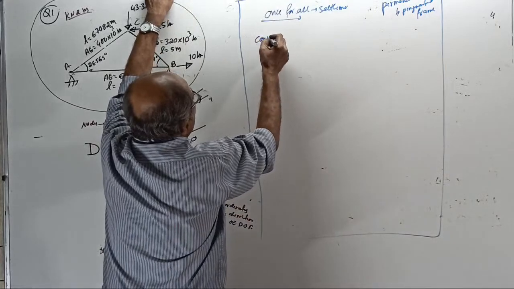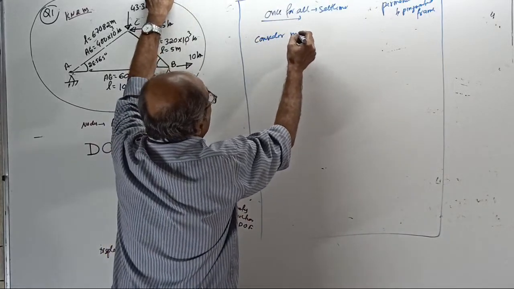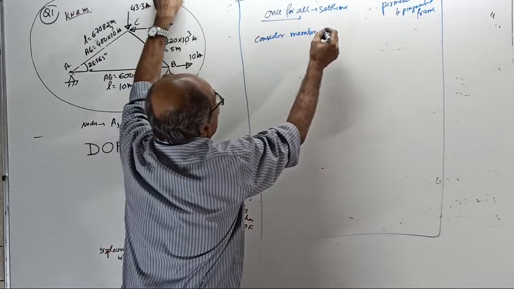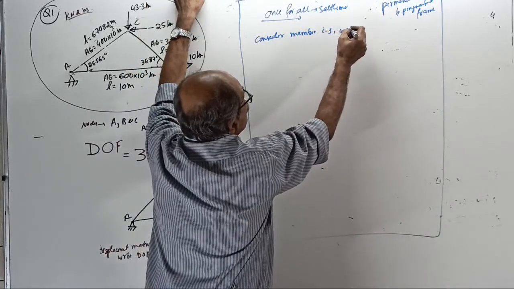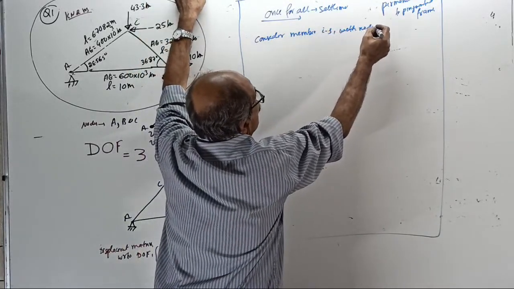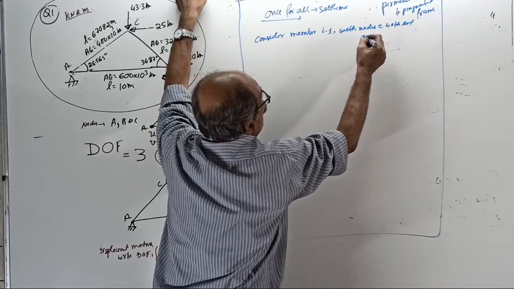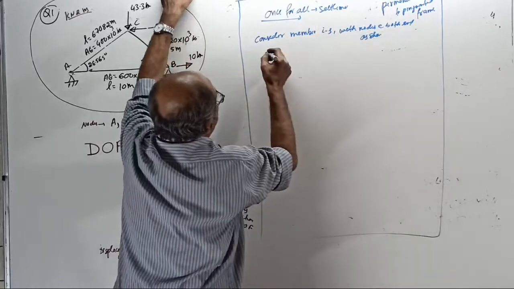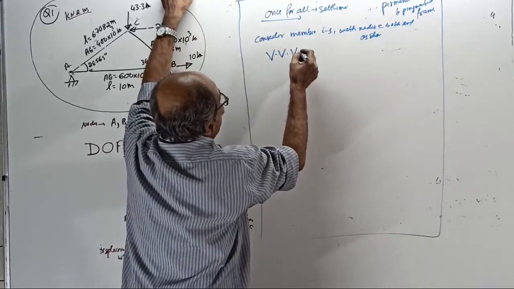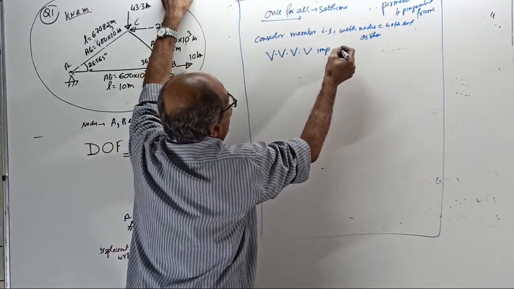Consider member ij with the nodes at both ends, as shown. Very, very important.